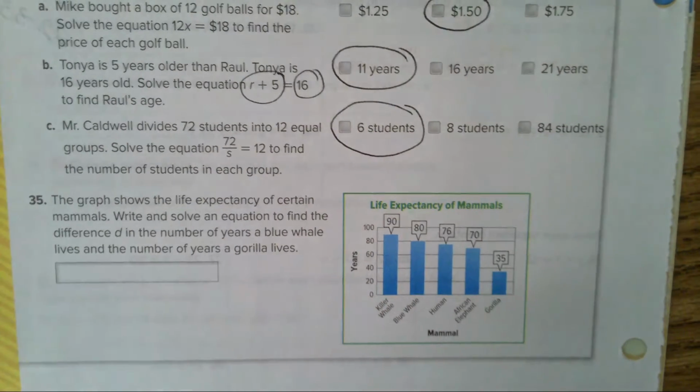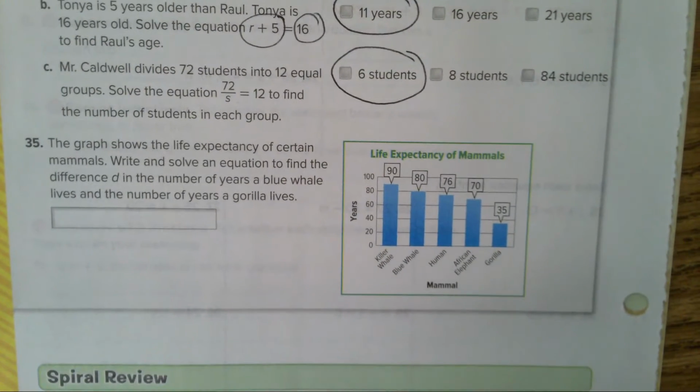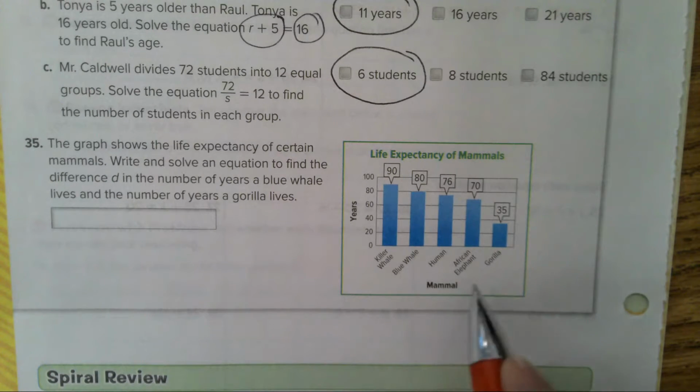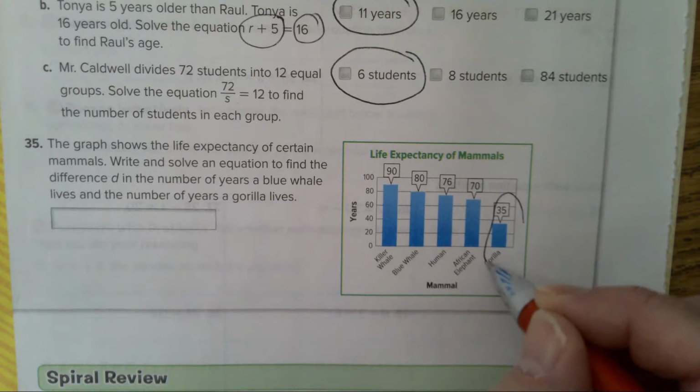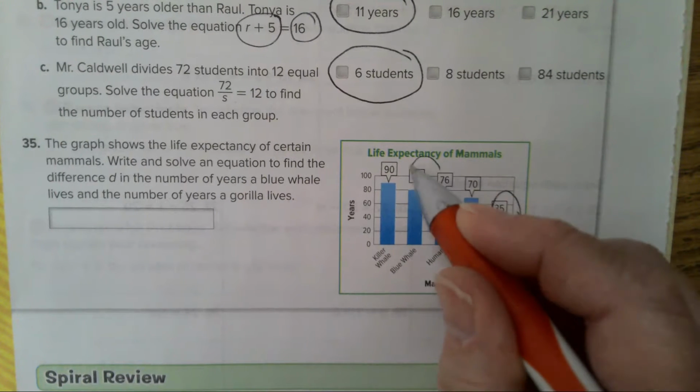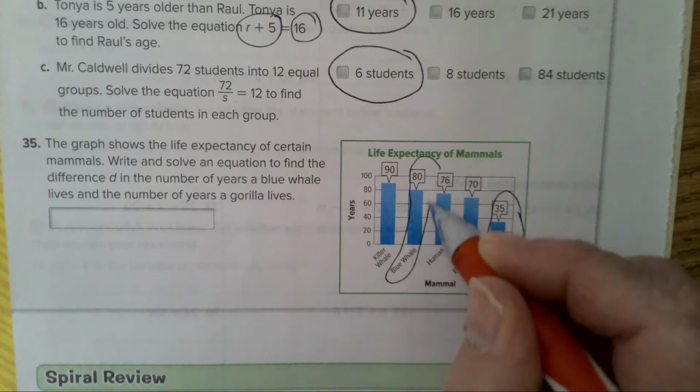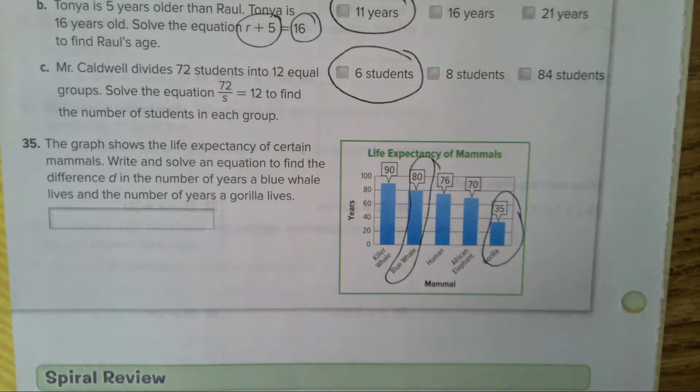Number 35, it says the graph shows the life expectancy of certain mammals. Write and solve an equation to find the difference, D, in the number of years a whale lives and the number of years a gorilla lives. Here's the gorilla, and a blue whale. I didn't realize that the blue whale lived that long, and killer whales live longer.